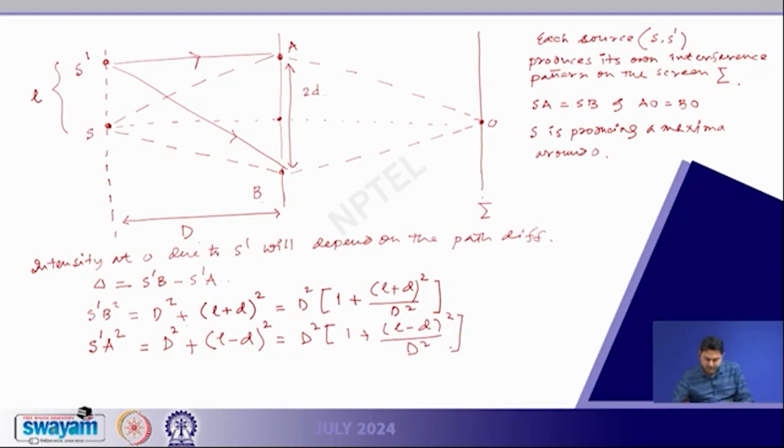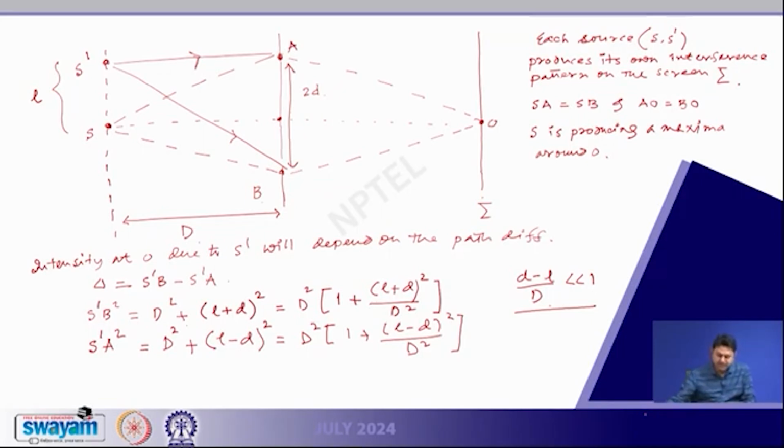Now this quantity, D minus L or L minus D, whatever, divided by D, is very much less than 1, because these sources are very close to each other, and these points are also very close compared to the length between this point and this screen. Normally that is the condition we always have in double slit experiments. So this condition always holds.